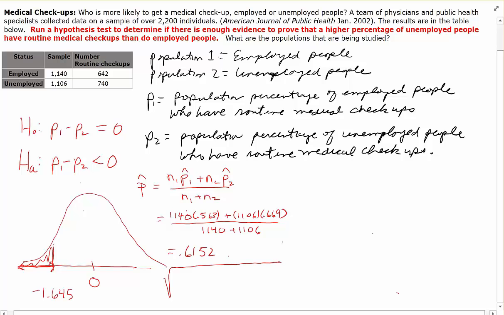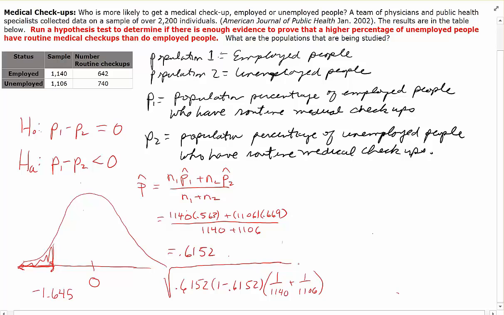So there's a two-step process in calculating the standard deviation of the sampling distribution. It's the square root of 0.6152 times 1 minus 0.6152, times 1 over 1,140 plus 1 over 1,106.